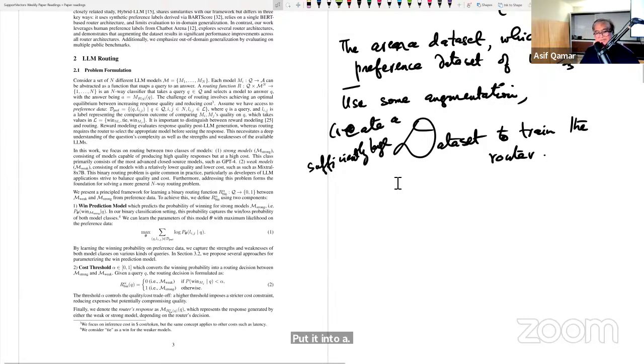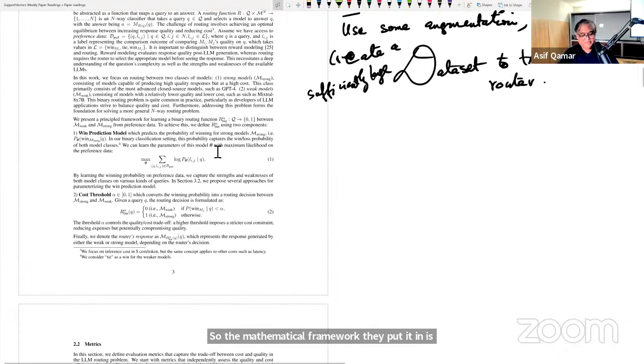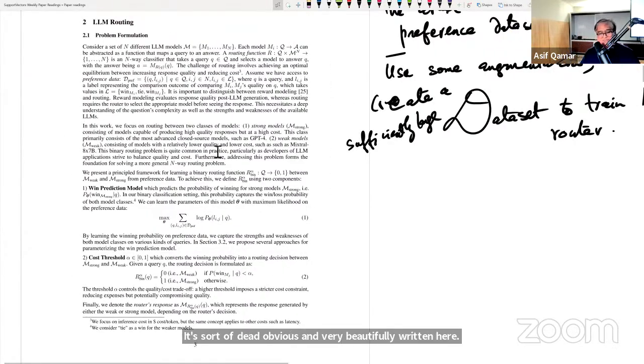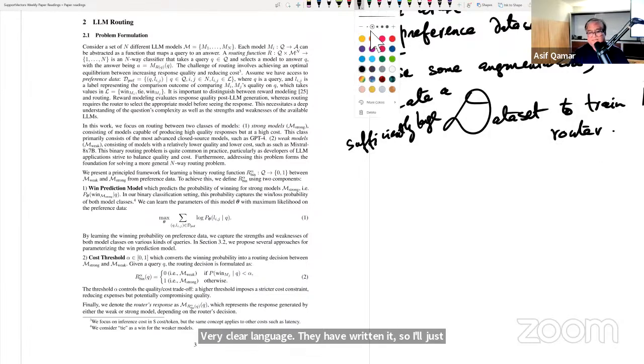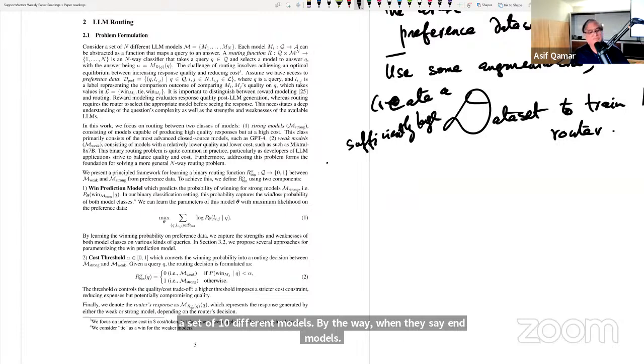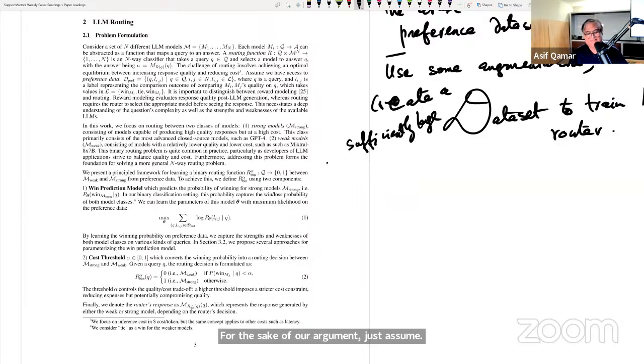The mathematical framework they put it in is dead obvious and very beautifully written here, in very clear language. So I'll just read it out to you. They're saying, consider a set of n different models. By the way, for the sake of our argument, just assume two models, big and strong, because from there you can generalize.